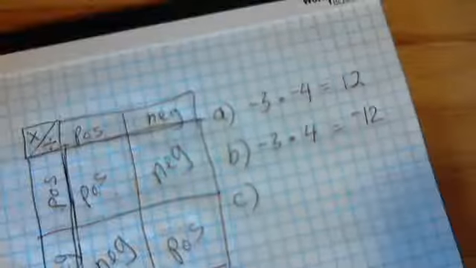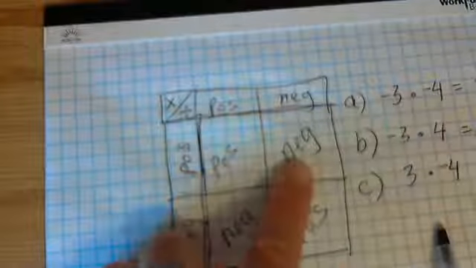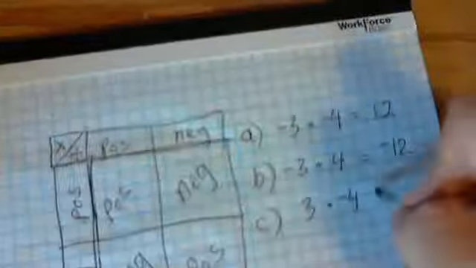Continue on with this pattern. What if I have positive 3 times negative 4? A positive times a negative. The answer is negative. So this will also be negative 12.